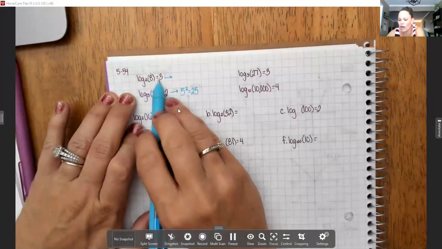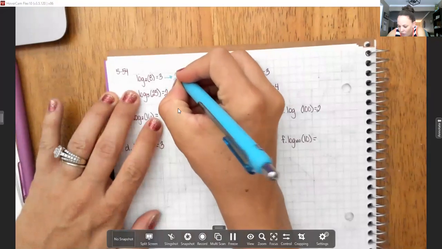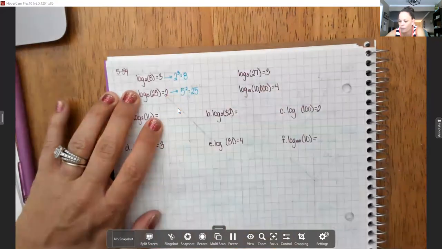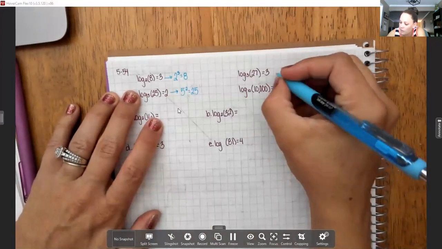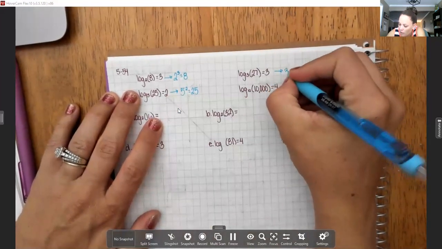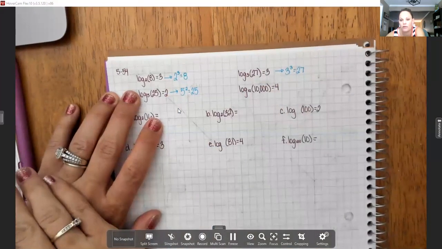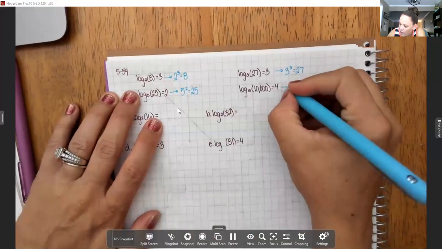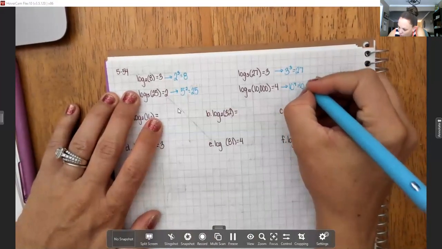On this one, 2, 8, and 3, hopefully we recognize that 2 to the third power equals 8. On this one, 3 to the third power equals 27. And this last one, 10 to the fourth power equals 10,000.